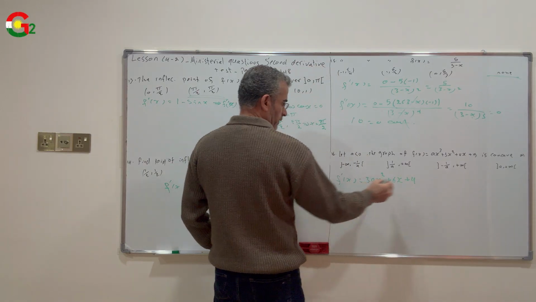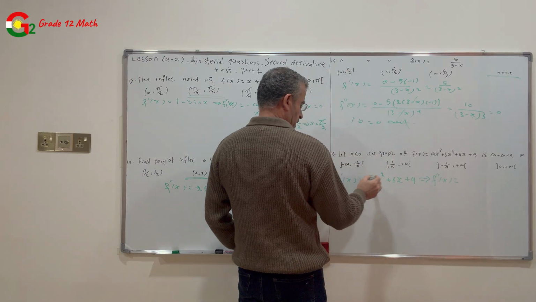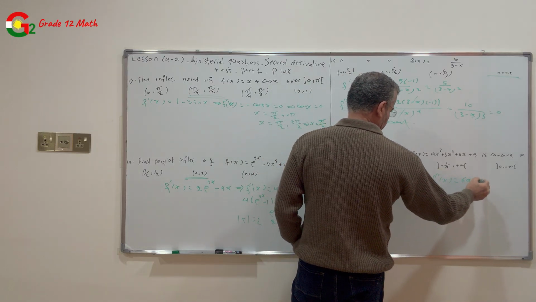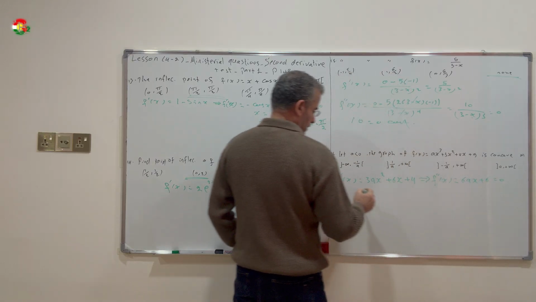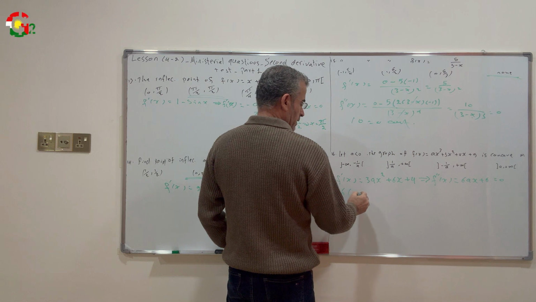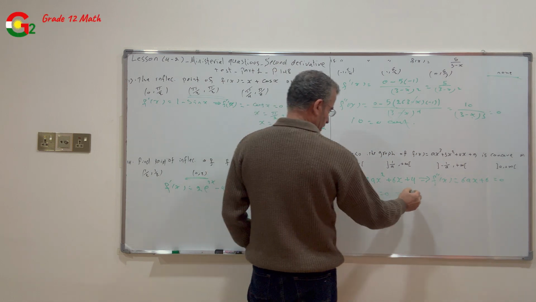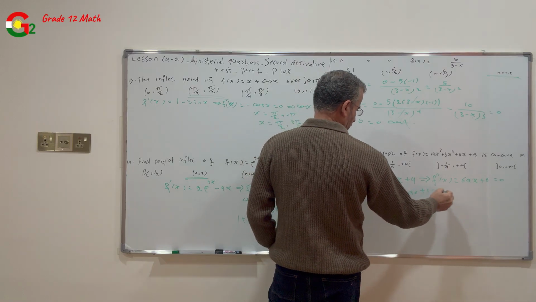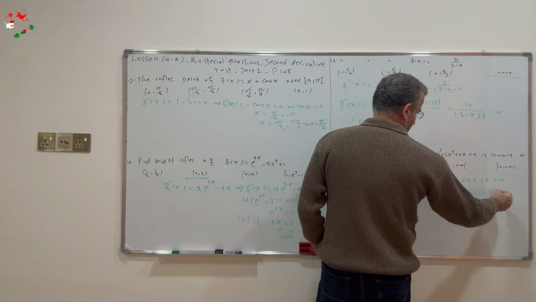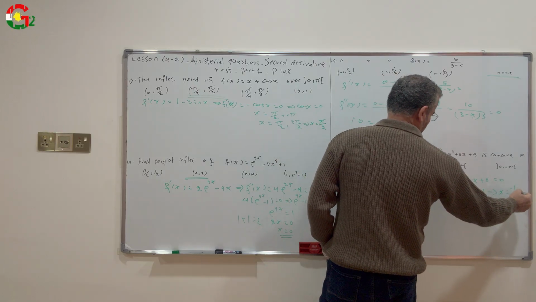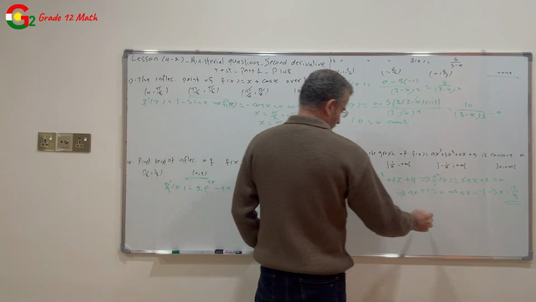The second derivative, f double prime of x equal to 6ax plus 6, set it equals 0, factorize by 6, ax plus 1 equals 0, then ax equal negative 1, then x equal negative 1 over a is a critical point.